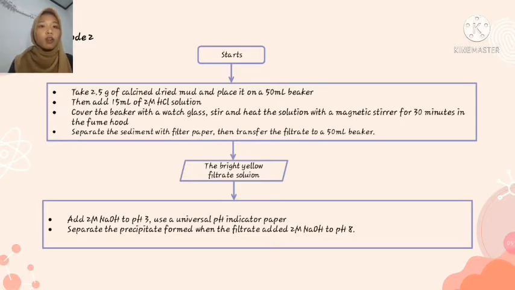Transfer the filtrate to a 50 milliliter beaker. The result is the bright yellow filtrate solution, and then add the 2 molar sodium carbonate anhydrous to pH 3.